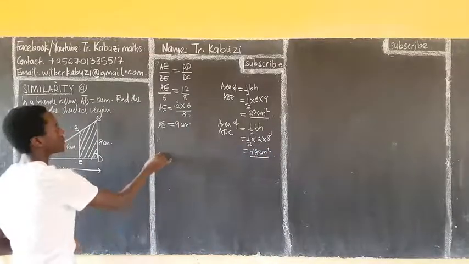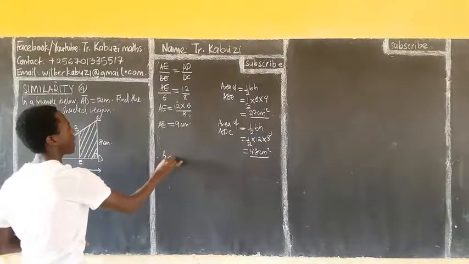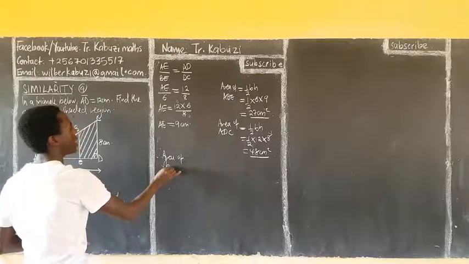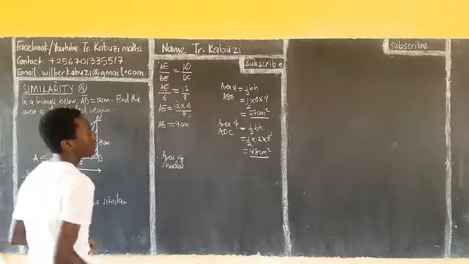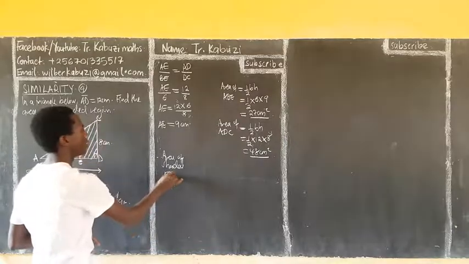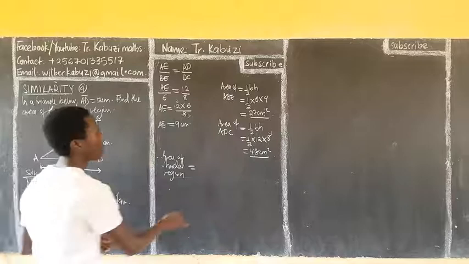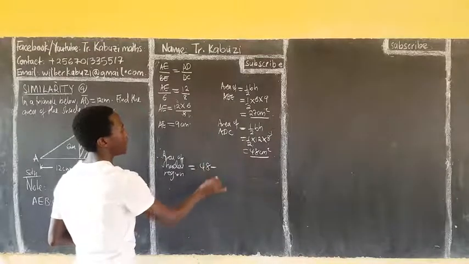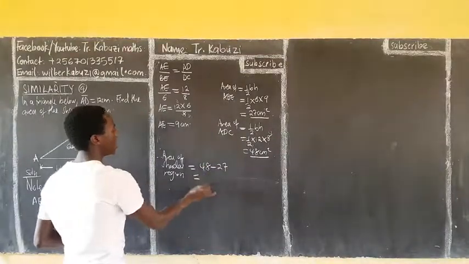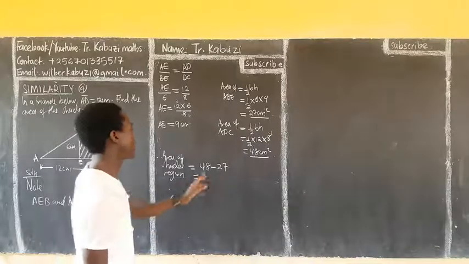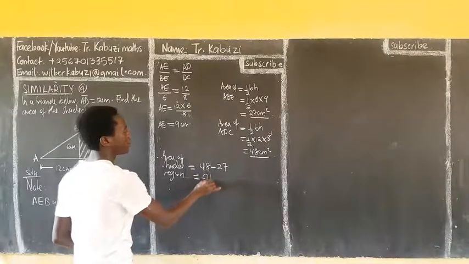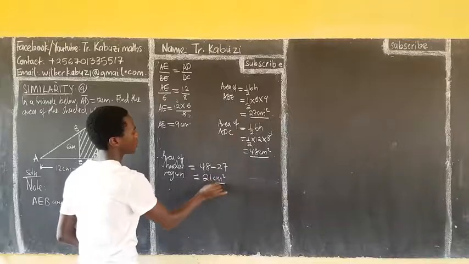Meaning that the area of the shaded region is going to be the area of the whole triangle, which is 48, minus 27. And when you subtract these two, you get 21 centimeters squared.